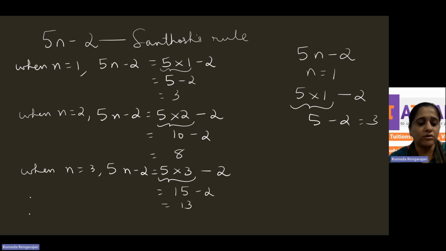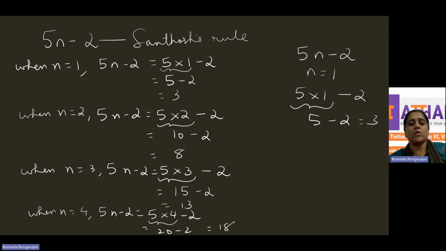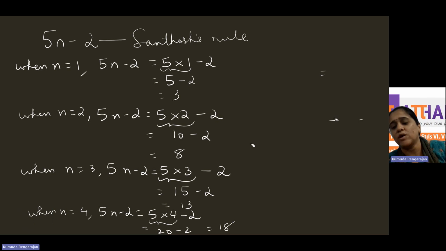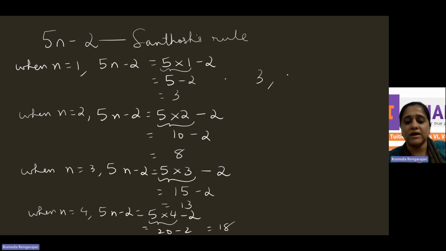Then when n is 4, 5n minus 2 will be 5 into 4, which is 20, minus 2, which is 18. So what are the first 4 numbers of this pattern? The rule is 5n minus 2. So the first 4 numbers are 3, 8, 13, and 18.